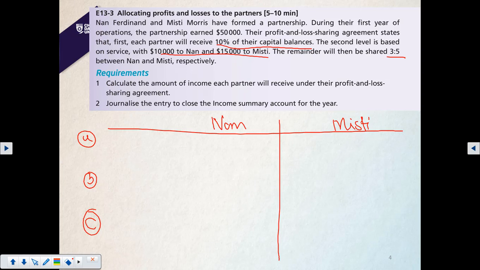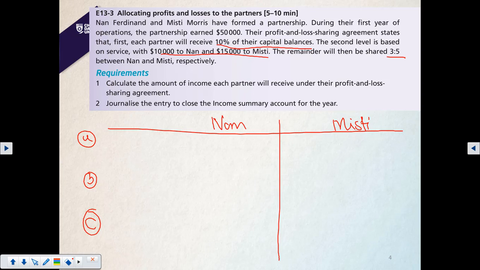Divide that 3 is to 5. Like the remaining amount is 4,400. Yeah. And so 3 is to 5. How to calculate 3 is to 5? 3 by 5, 1650. No, how do you calculate 3 is to 5? That was my question. That's your friend's question.